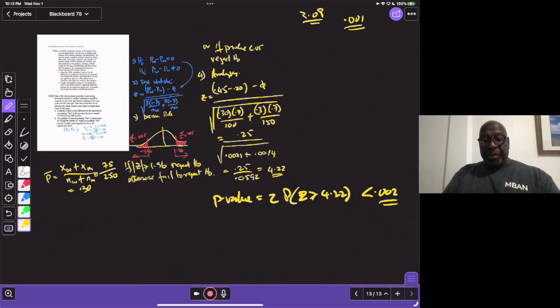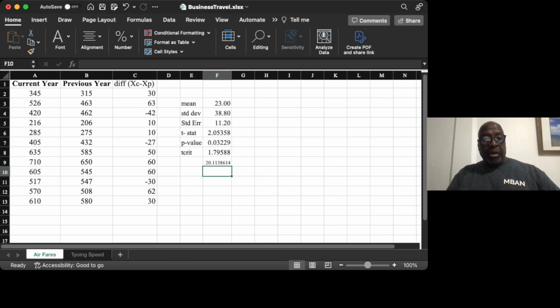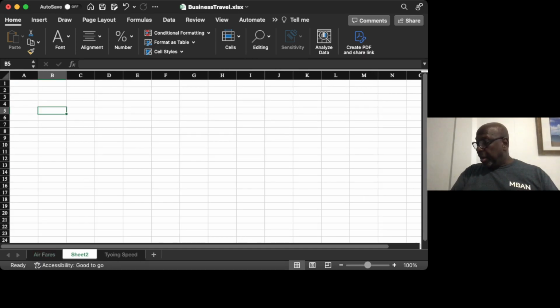If we want the exact value, we could go to Excel. And let's see if we could get that value in Excel to work for us. I think it is norm inverse, the probability, the mean.